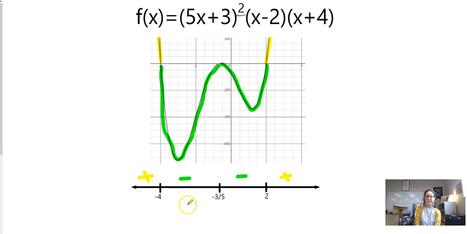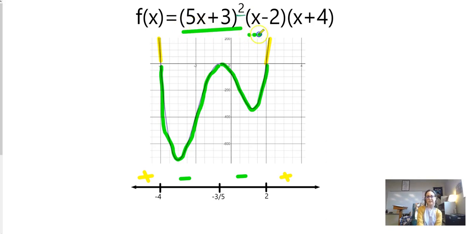The only time we didn't change signs, we went yellow, green, then green, green, and then switched again, green, yellow, was at negative 3/5. Keep in mind that's because of the even multiplicity here, because no matter what value I plug in for x, this term is never going to be negative.